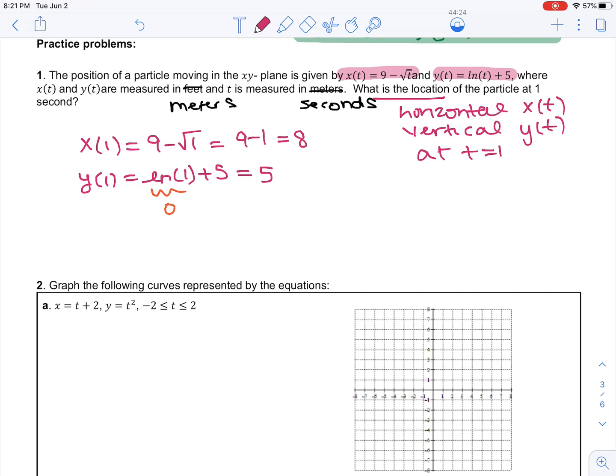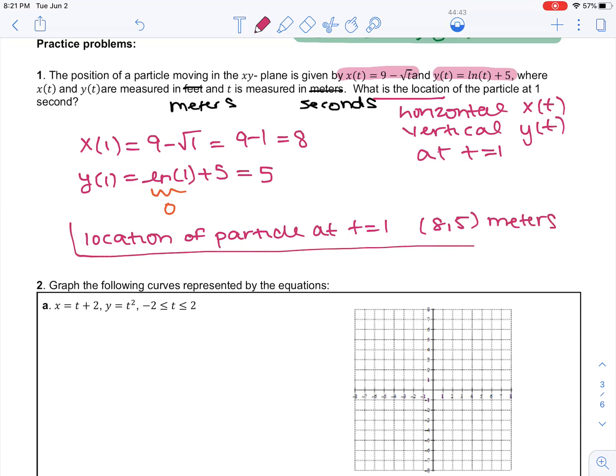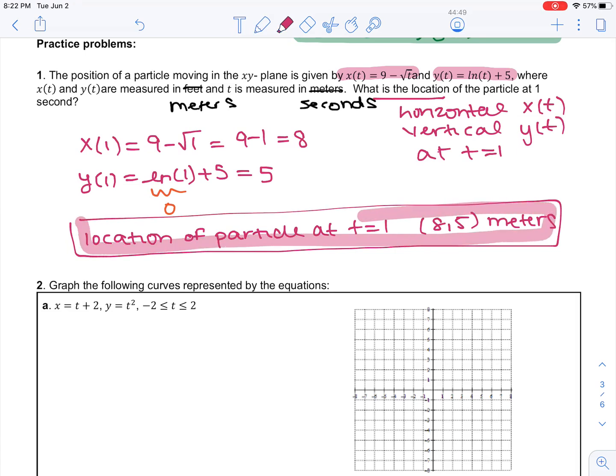So the location of the particle at t equals 1 is 8, 5 meters, meaning our particle has moved 8 meters in the horizontal direction and 5 meters in the vertical direction.